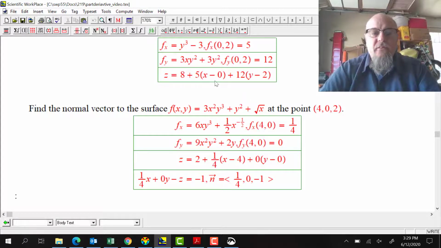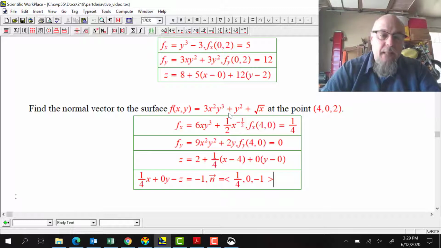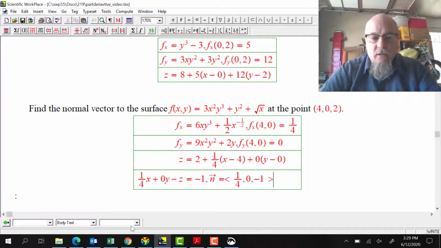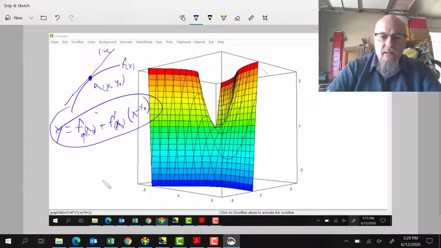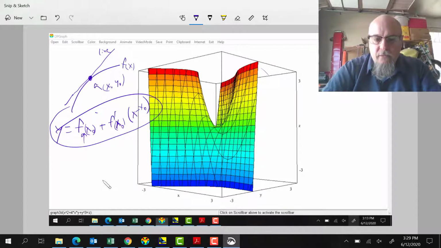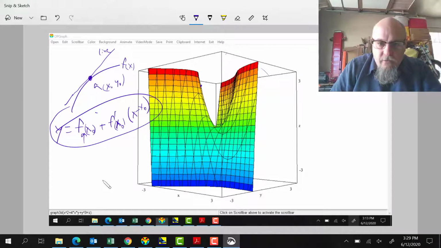Oh, wait a minute. They said normal vector to the surface, not normal vector to the plane. It's the same vector. If it's perpendicular to the plane, it's perpendicular to the surface at that point. That's what normal vector means. So again, I'm going to go back to my drawing. If I'm thinking about the normal vector to this, the normal vector would stick straight out.